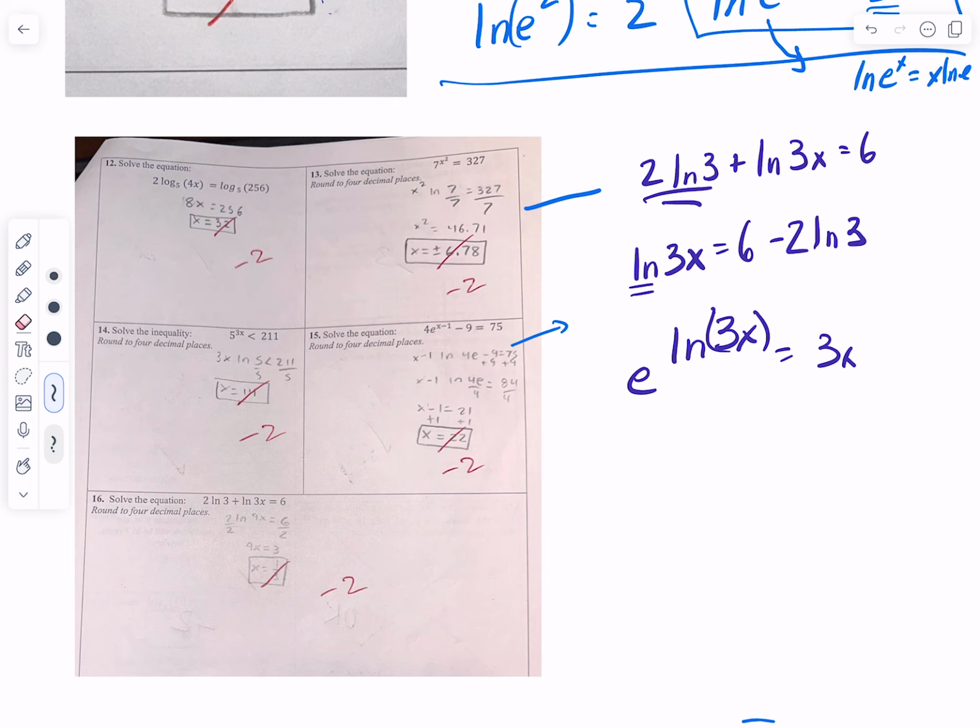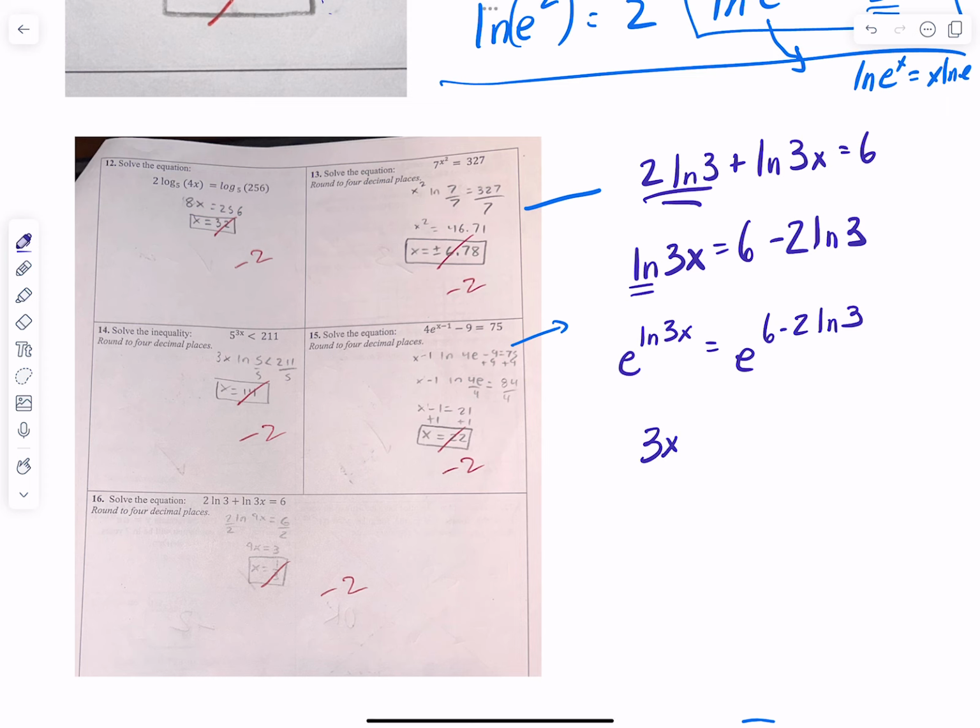So let's see how that applies here, right? If I just raise both sides to the e, that'll help me out. So if I go e to the log of 3x, and I raise this side e to the 6 minus 2 log 3, then on this side I get 3x equals e to the 6 minus 2 log 3, and then I'm going to divide both sides by 3.